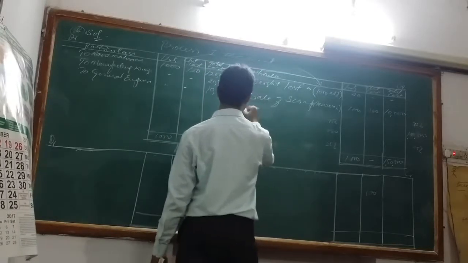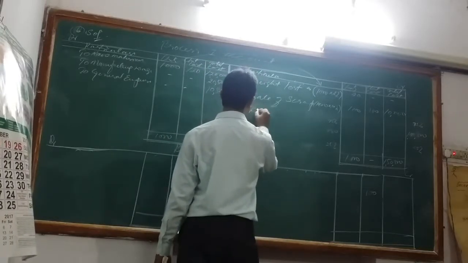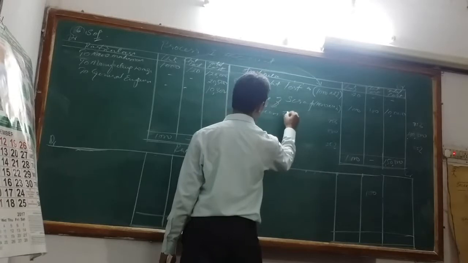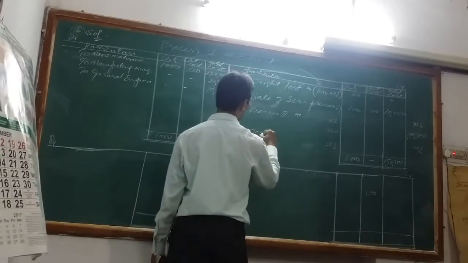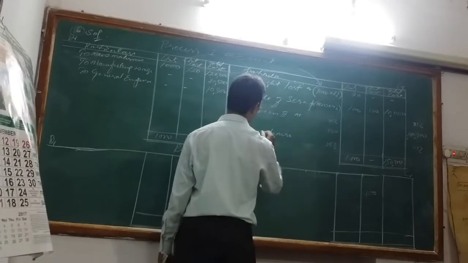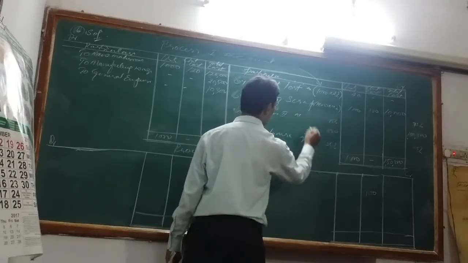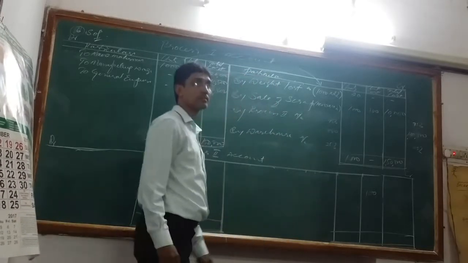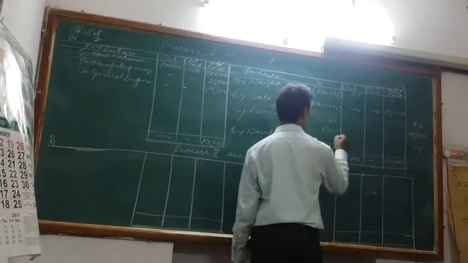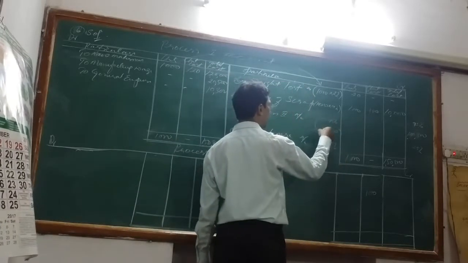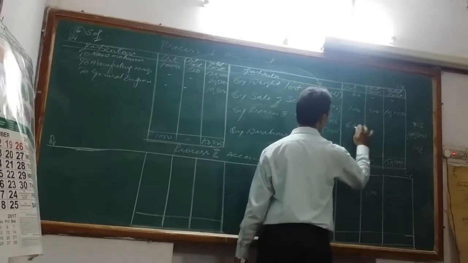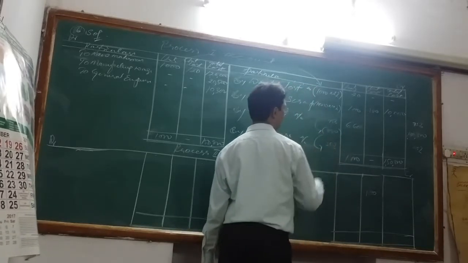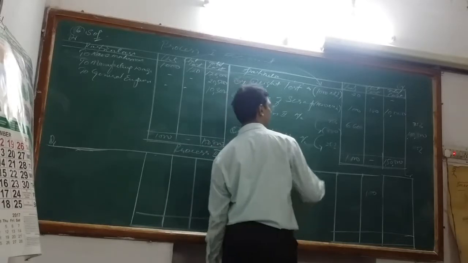Why? Process 2 account, by warehouse account. 75% of 880 is 660. Very good. 220.